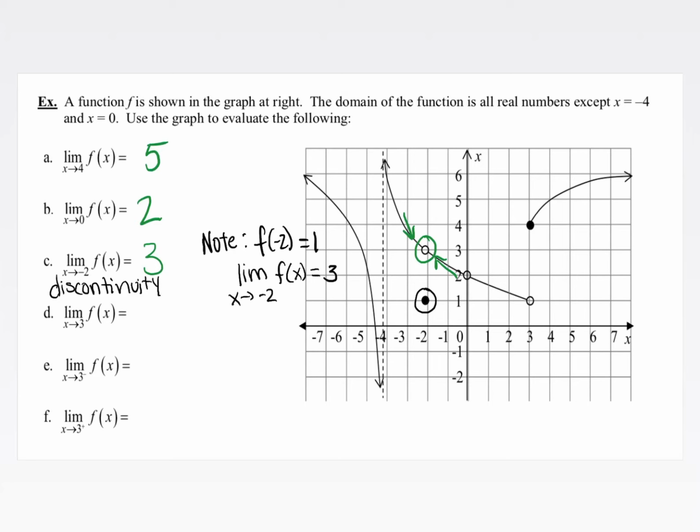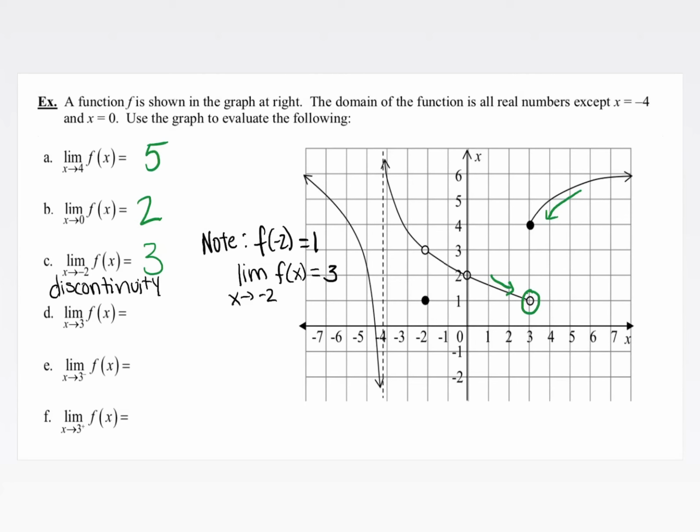If we have the limit as x approaches 3 of f of x, this gives us, hold on, let me get my eraser so I make it a little less confusing. As x approaches 3, again, we want to look on our graph here, but notice we have a jump actually. So from the left-hand side, it's approaching 1. From the right-hand side, we're approaching 4. So see how these values do not match.